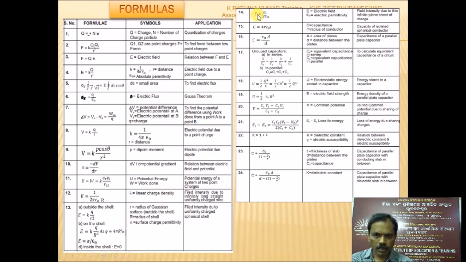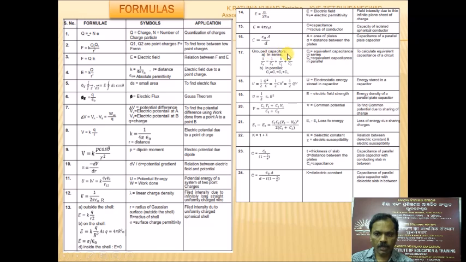The 14th is electric field sigma by 2 epsilon naught in the case of the electric field due to a thin infinite plane sheet of charge. Capacitance of an isolated spherical conductor is 4 pi epsilon naught into r, and capacitance of the parallel plate capacitor is equal to epsilon naught A by d.